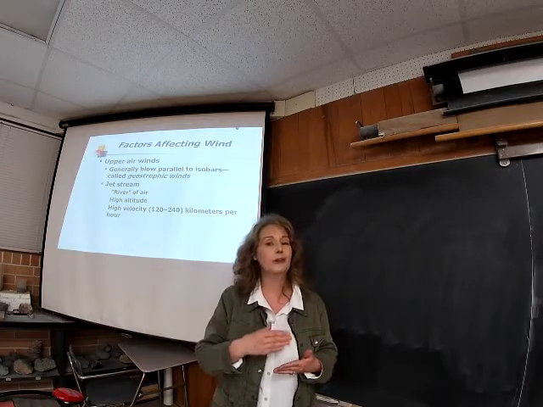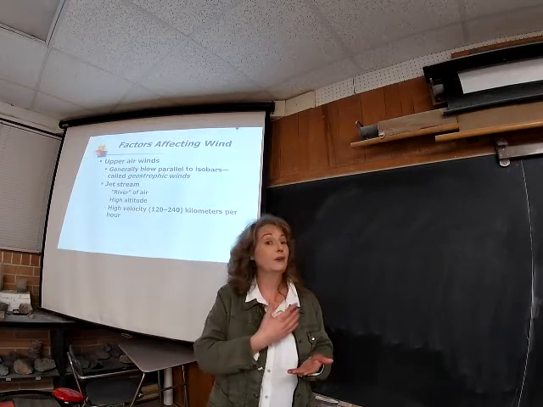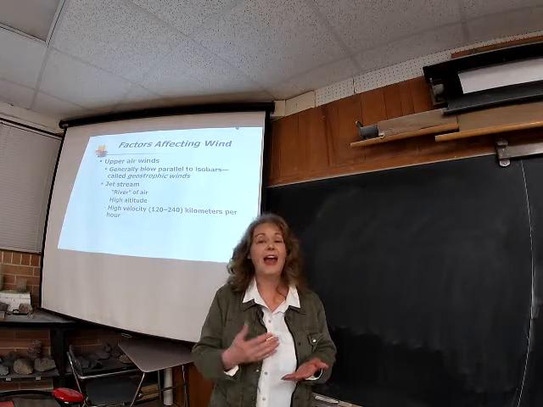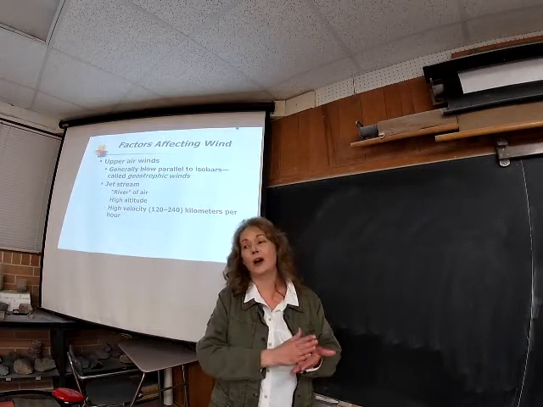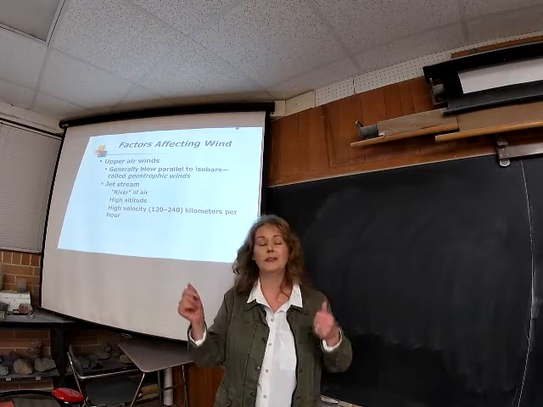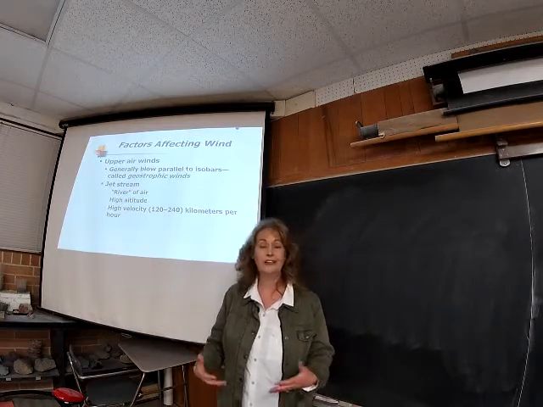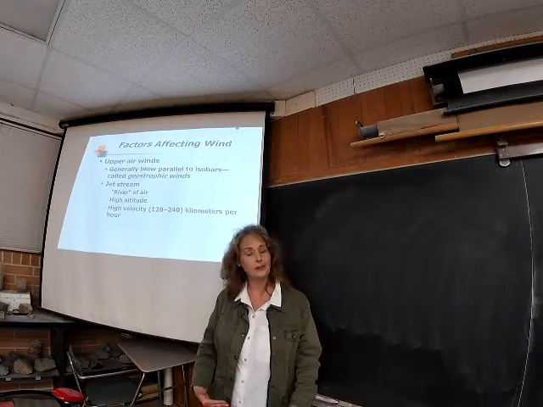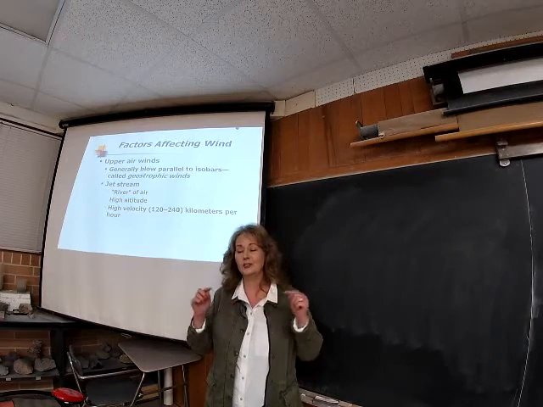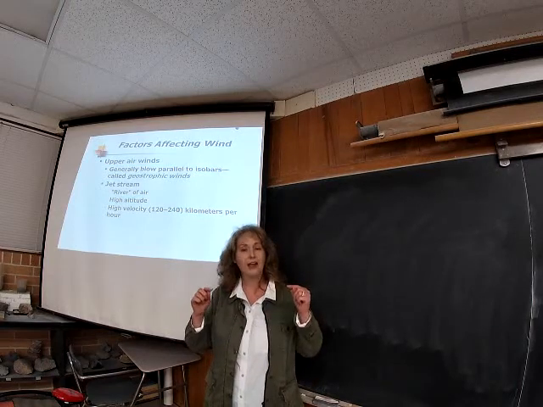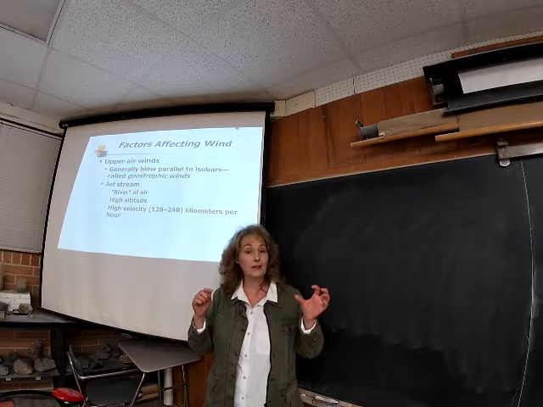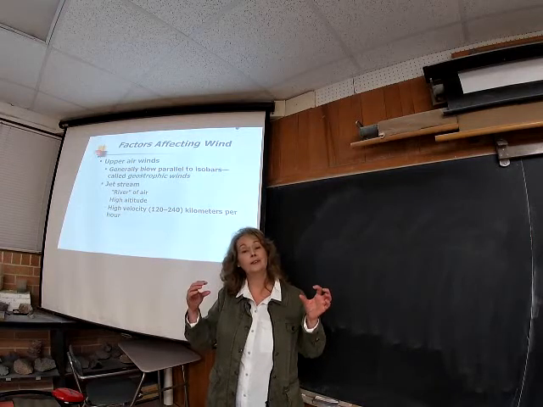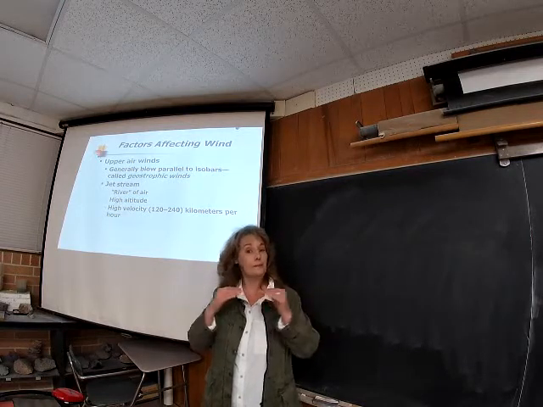They have the pressure gradient force, always going from high to low, and the Coriolis effect, always trying to veer things to the right in the northern hemisphere, to the left of your direction of flow in the southern hemisphere. So in a geostrophic wind, the pressure gradient force and the Coriolis effect are equal or balanced.